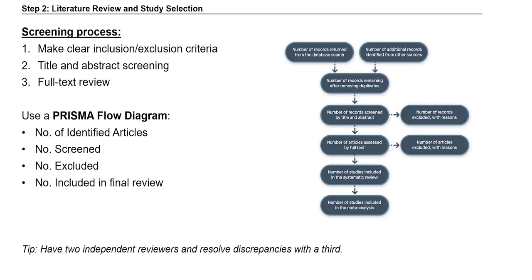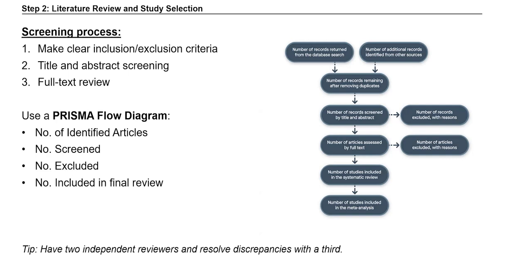On the right side of my page, you see the PRISMA flow diagram, which is an example. I will give you a real example as we move forward. But this diagram will also help the readers of your paper know how many papers you found in your search, how many you screened, how many you excluded, and how many you included in your final review and data extraction.